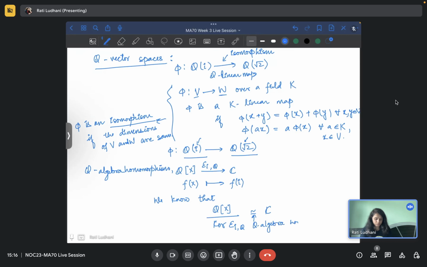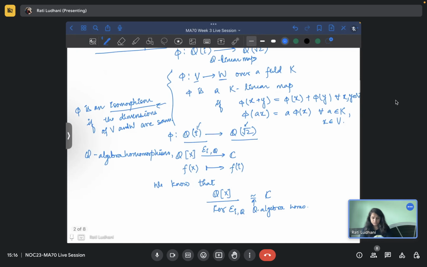So Q algebra homomorphism means, or I just say Q algebra isomorphism. As Q algebras, these should be isomorphic.